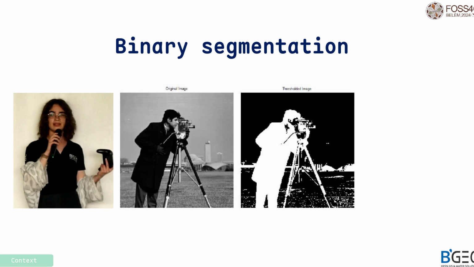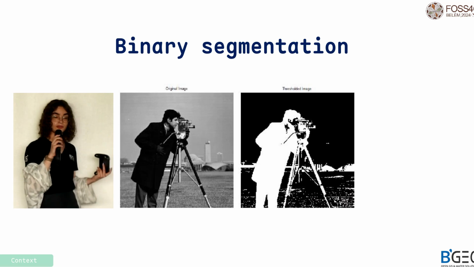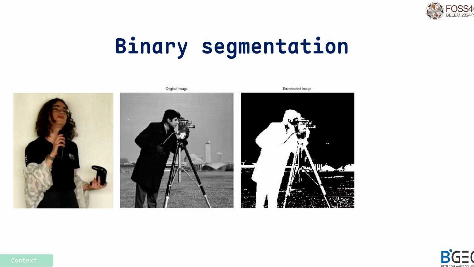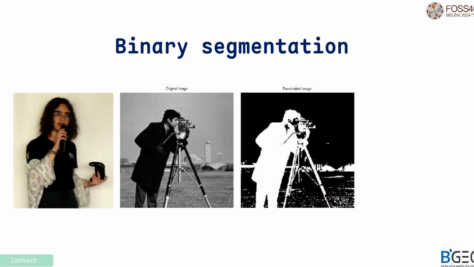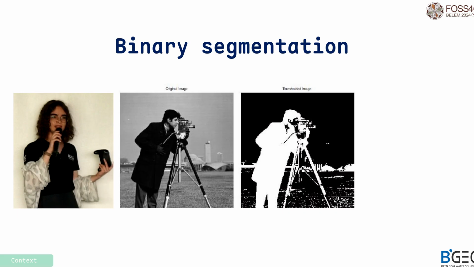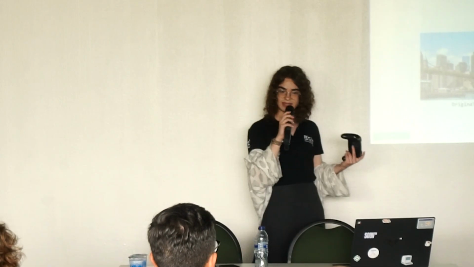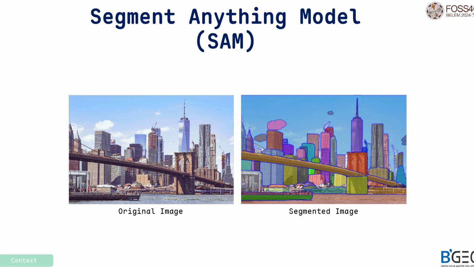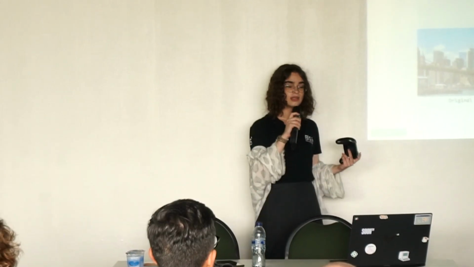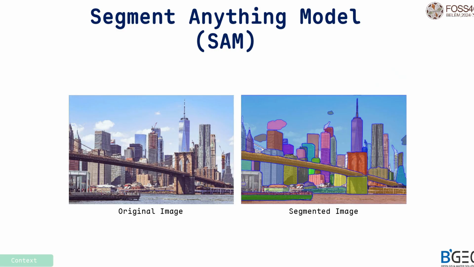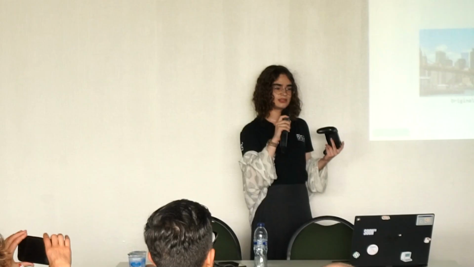We did our research a bit, and we found that there are some models. For those who attended the first or second talk of FOSS4G yesterday, they talked about the Segment Anything Model. We also researched it a bit, and as they said, it's not a good fit for this kind of problem. Geolocated and geographical data really does not fit this model's strengths very well.